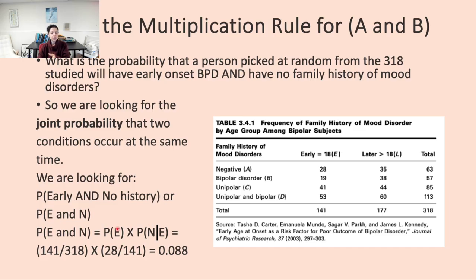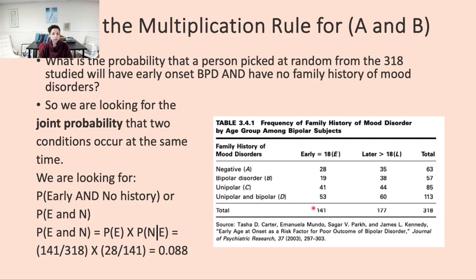The probability of early onset: we have 141 people out of 318. So the probability is 141 divided by 318. The probability of no family history out of the early onset people: remember, early onset is our starting condition, so it's going to end up in the denominator. Early onset is 141 people.